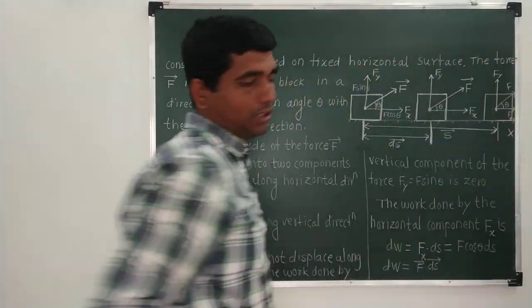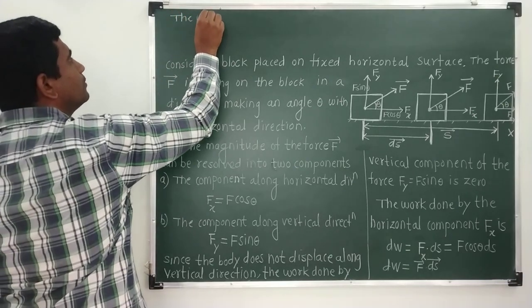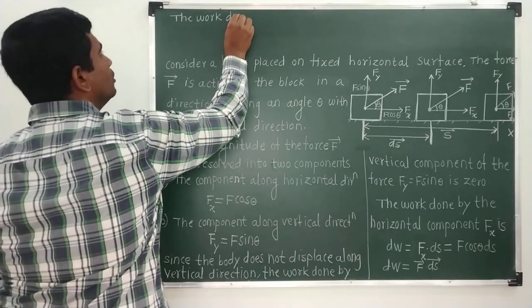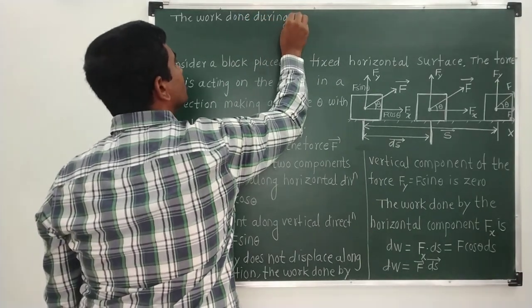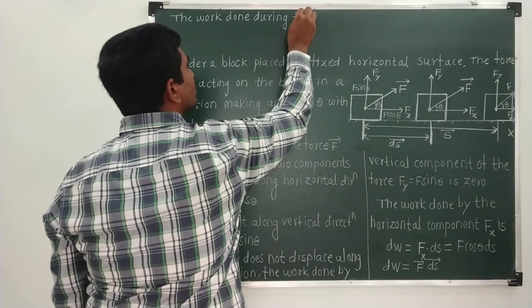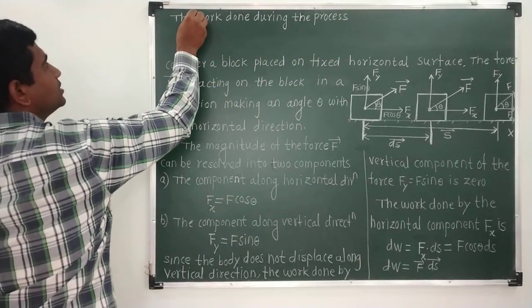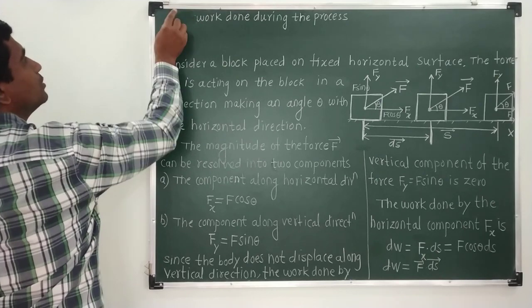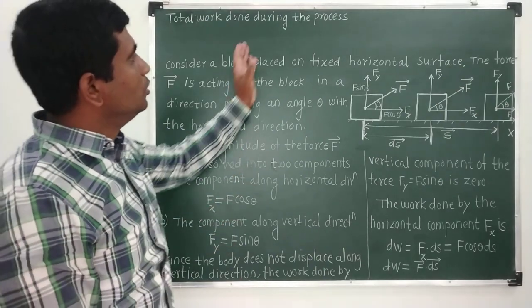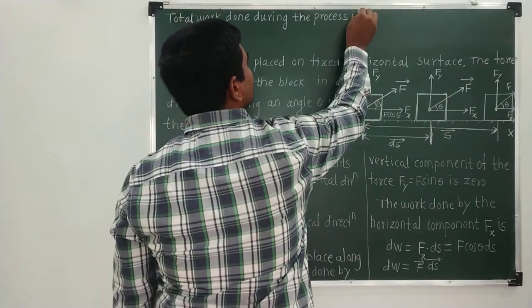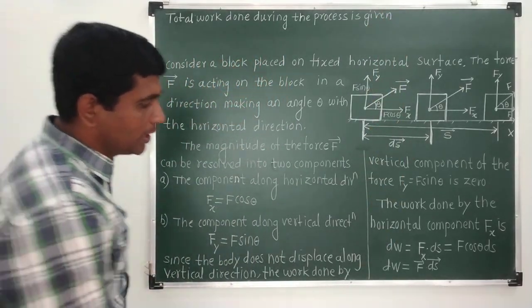Now the work done during the total process, or here you can write it as the total work done, is given by the integral over dW.